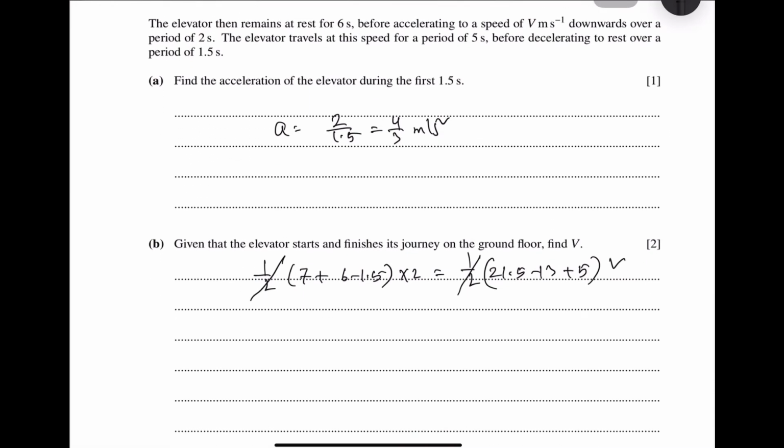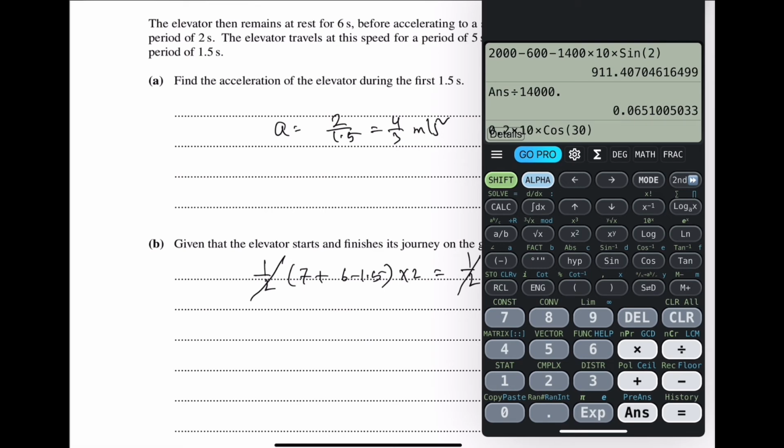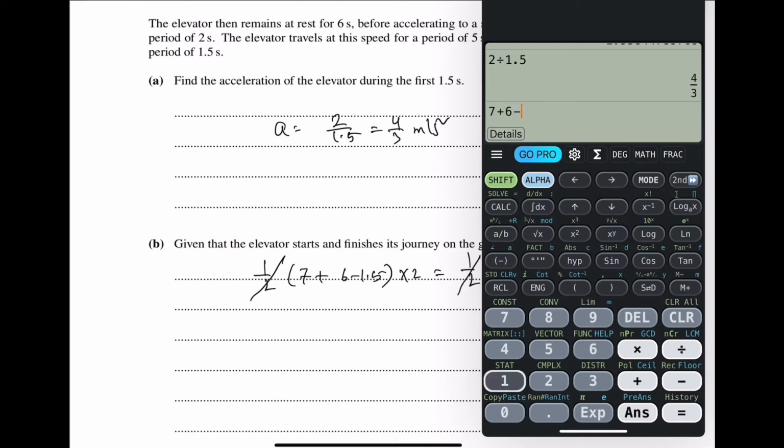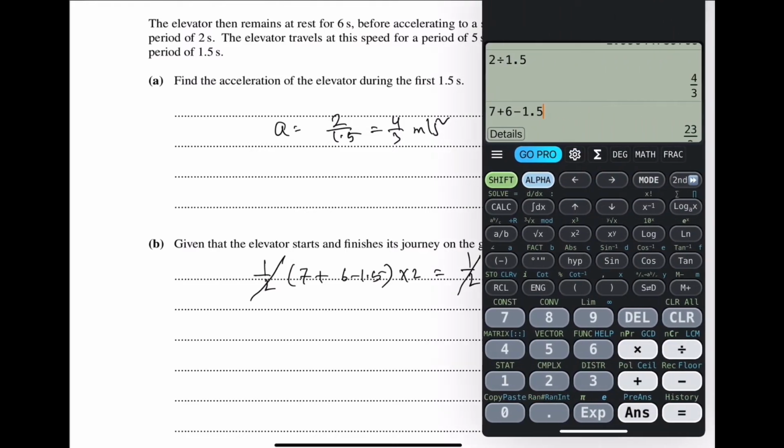Then it is a matter of simplifying now. 7 plus 6 minus 1.5 into 2 into 2.